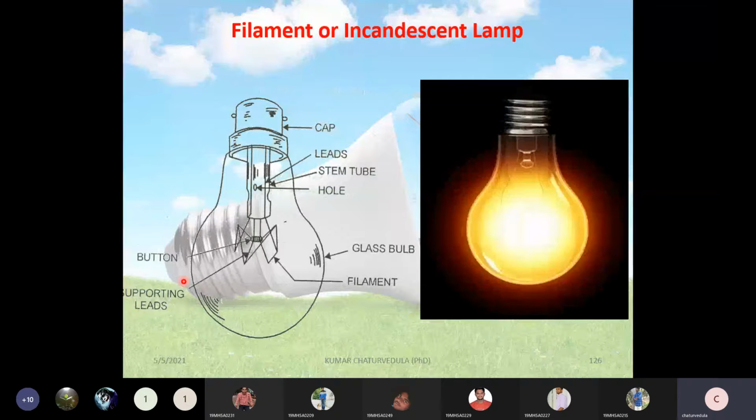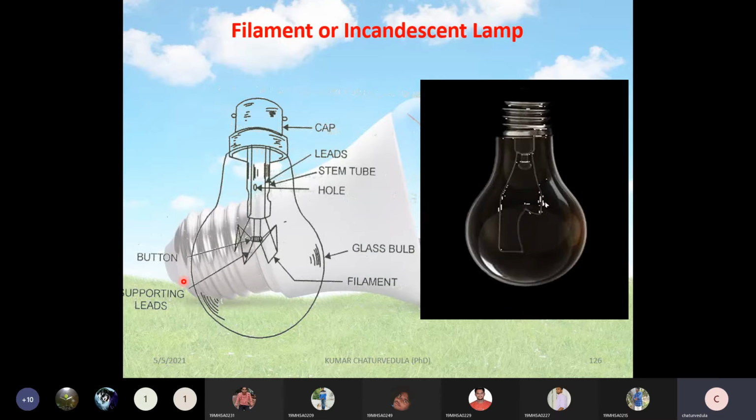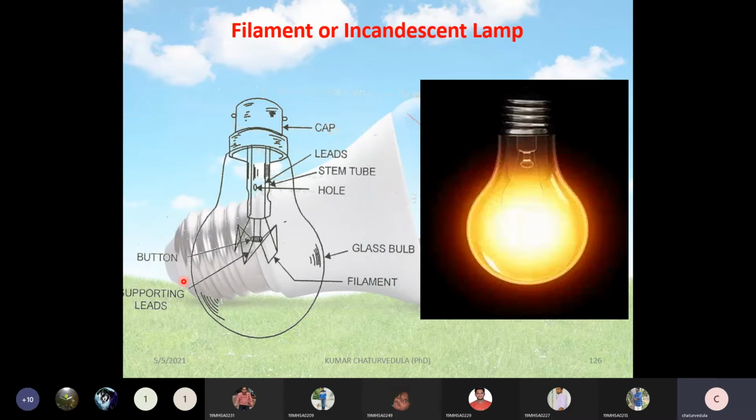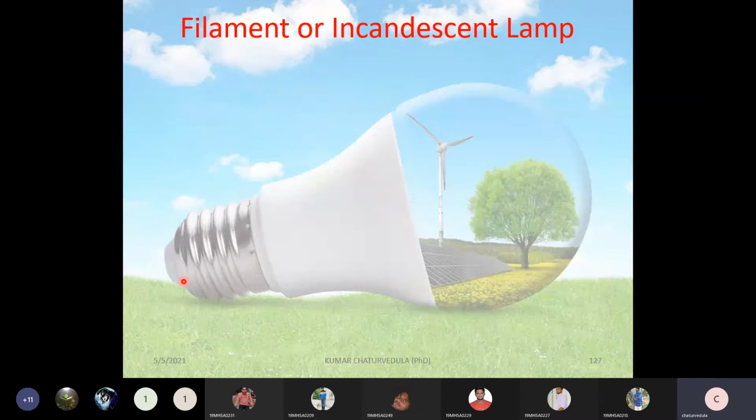So in the incandescent bulb, the filament must be operating at a higher temperature, in the range of around 2000 degrees centigrade. That is the incandescent bulb, the first Edison bulb, as we call it.